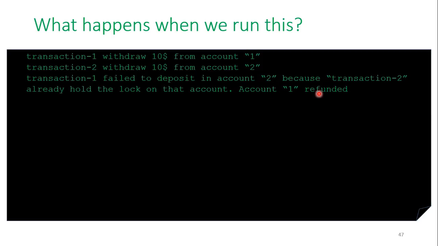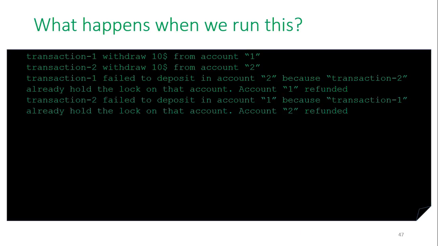So it refunds account 1. So it took $10 away from account 1 at the first step. Now it's refunding them during the third step. And then what happens? Transaction 2 failed to deposit in account 1 because account 1 was still being held by transaction 1. Right now it's doing a refund.